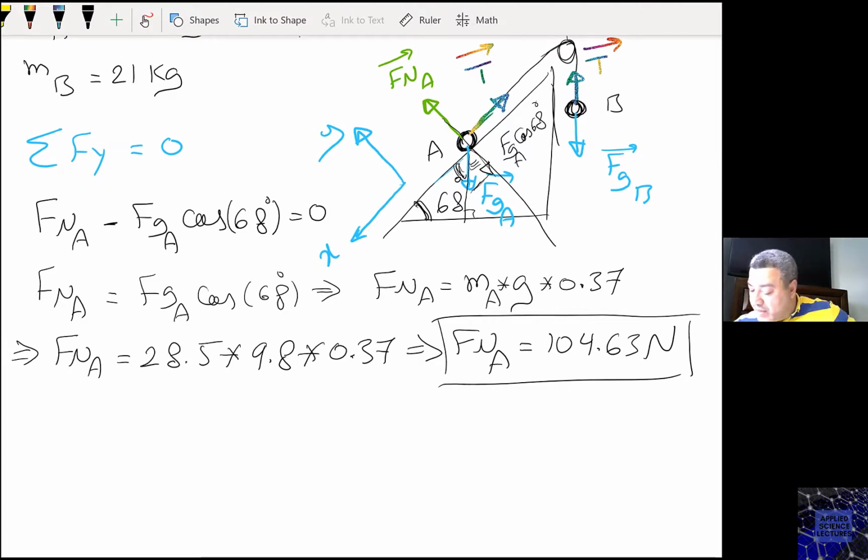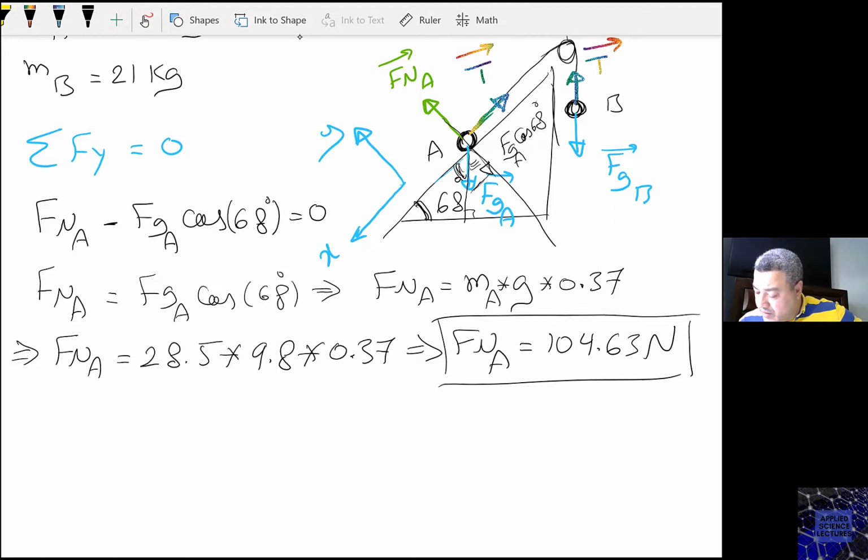If I am to write Newton's equation for this box by itself, I would be writing the following using this coordinate.